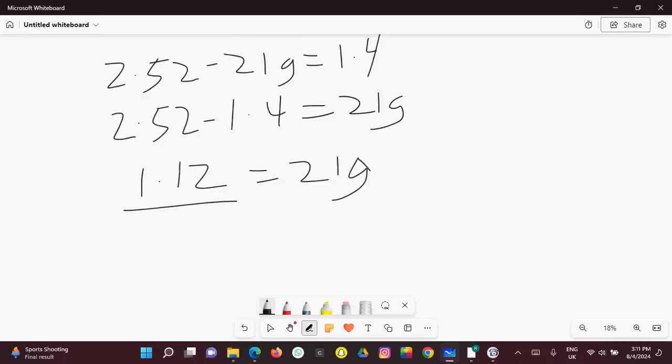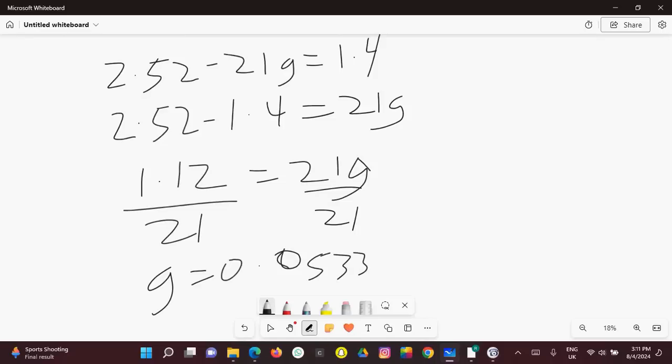If we want to get G, we divide by 21, and G is going to be 0.0533, or 5.33%. All right, so that's for 20.